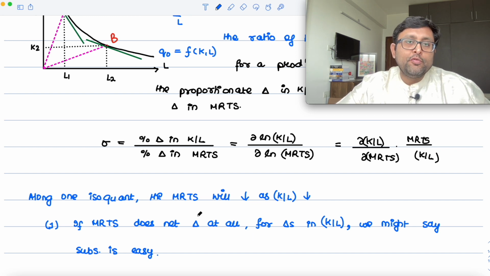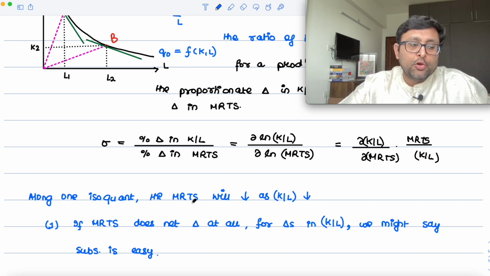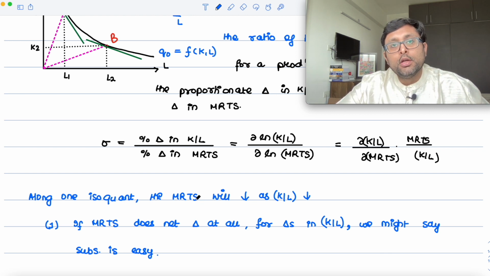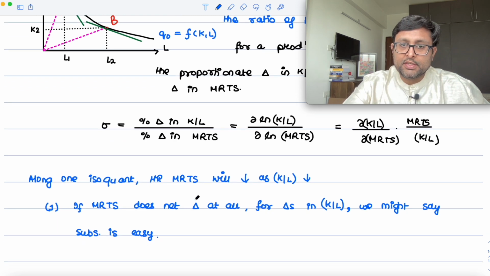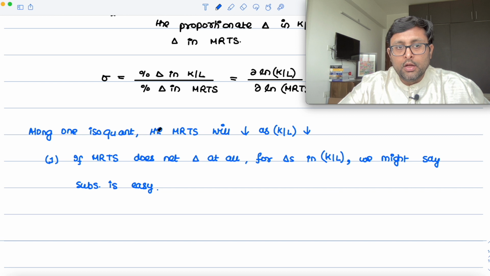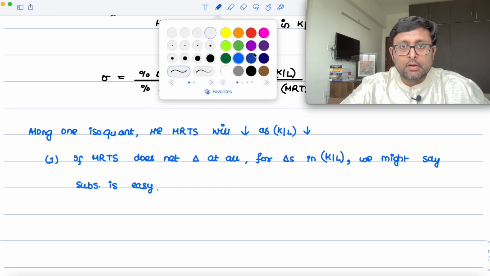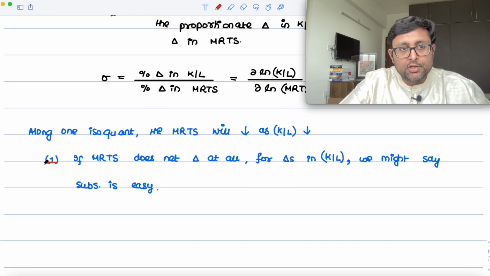So the ratio of the marginal productivities is not at all changing as K by L is changing, as the input ratios are changing. This generally happens in the case of a perfect substitutes kind of production function.